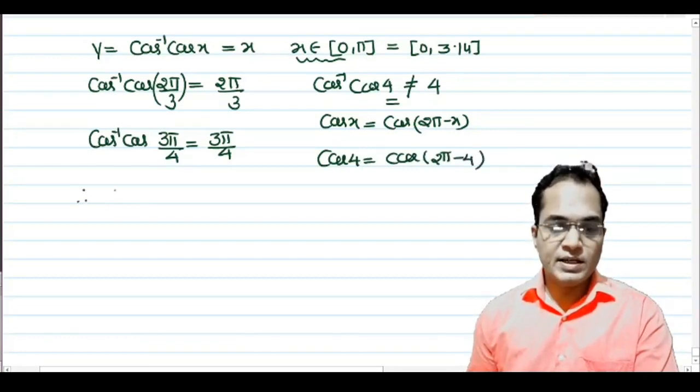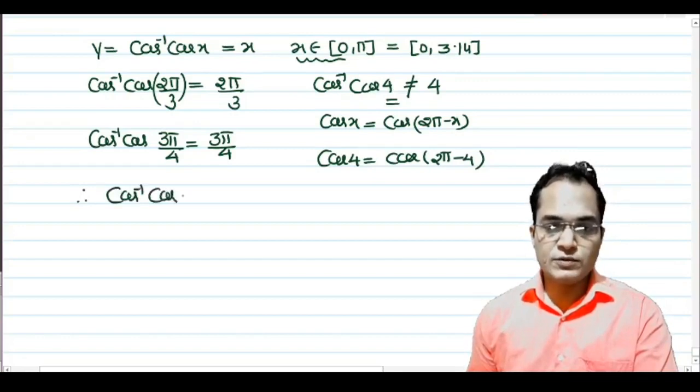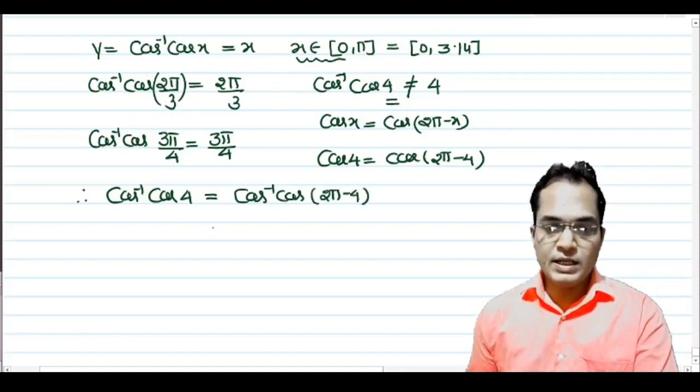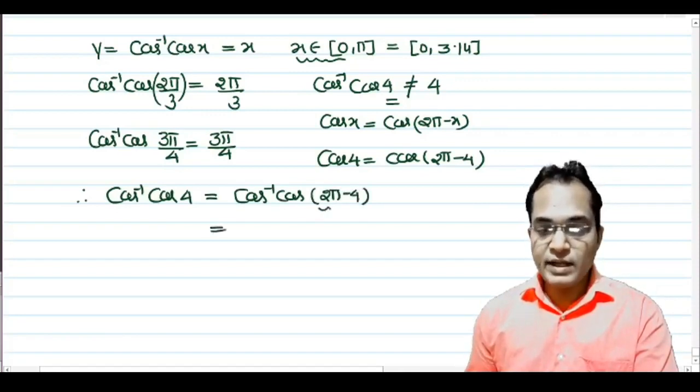That's why, if we are going to find the value of cos inverse cos 4, it is equal to cos inverse cos of 2 pi minus 4. Yes or no? And does this value lie within 0 to pi?